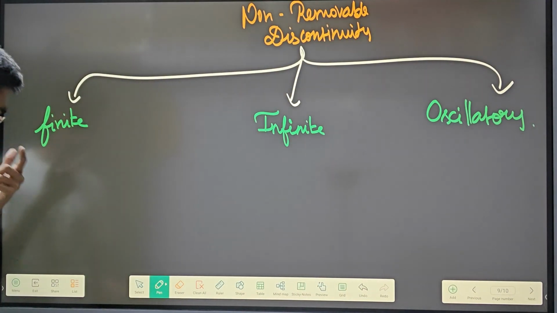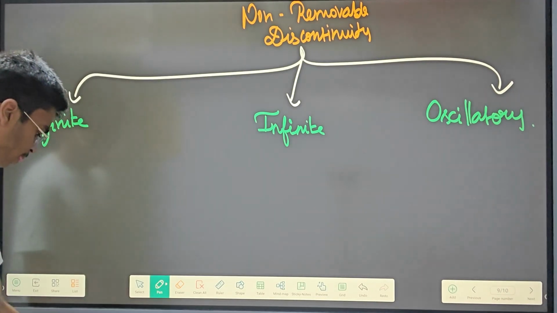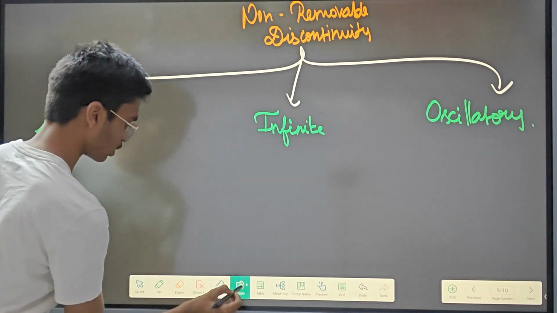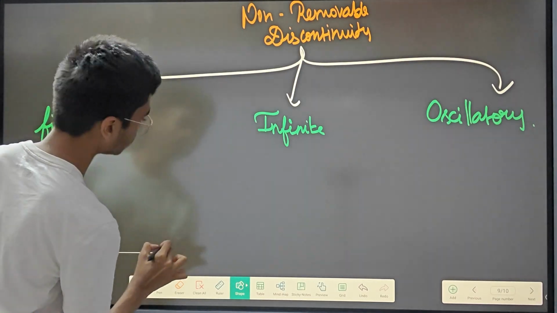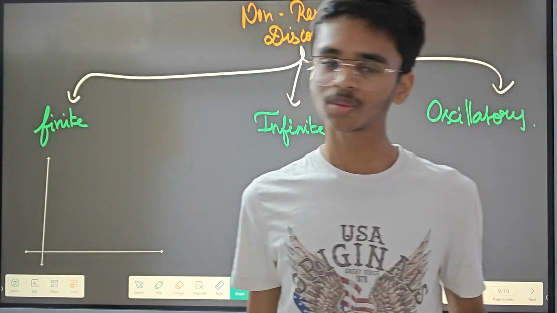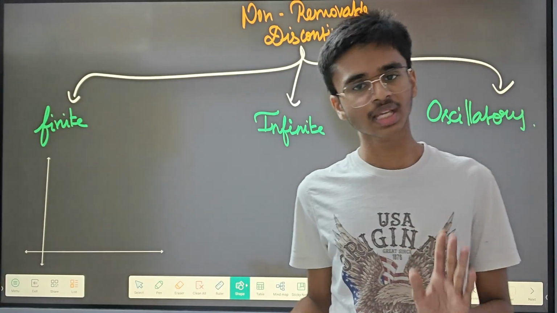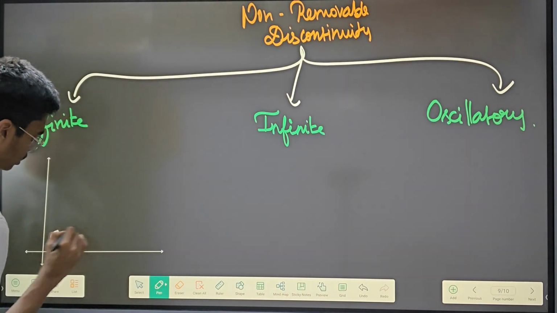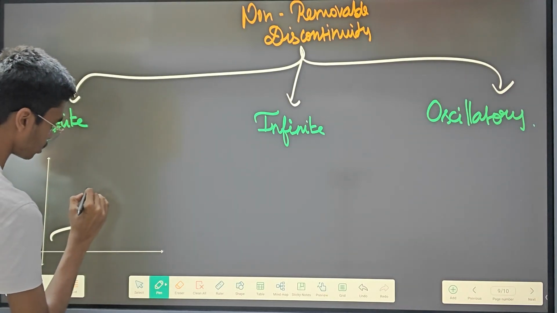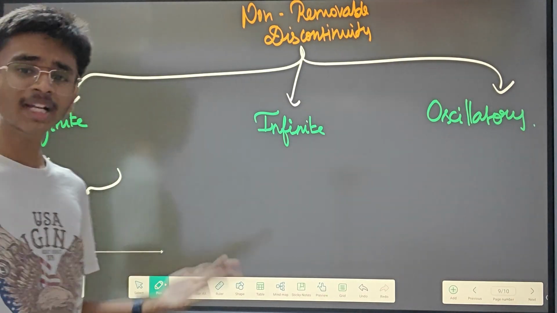Okay, first is finite. See, finite in the sense that the graph is going to be like this. Note here you cannot remove that discontinuity and you cannot just place it at the right place, or make the function continuous. The best example for this is going to be like this. See, it's completely detached.